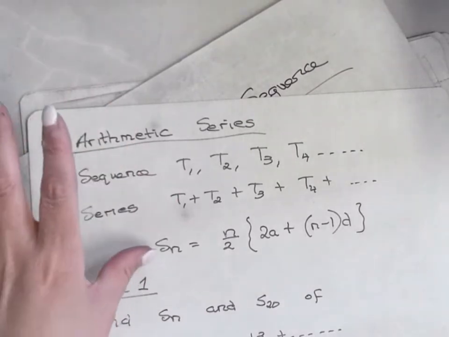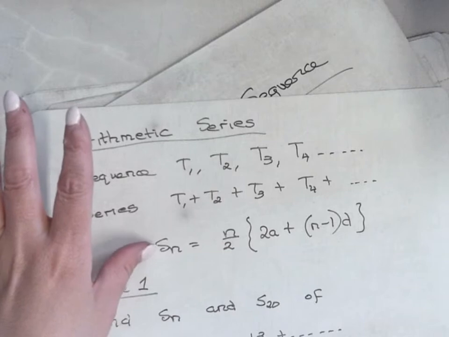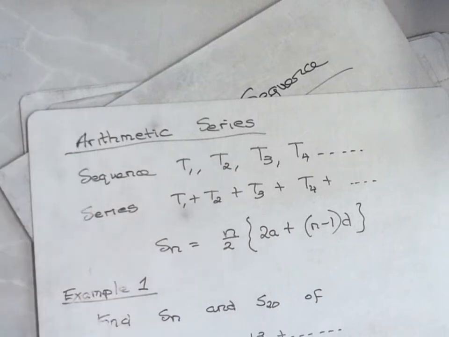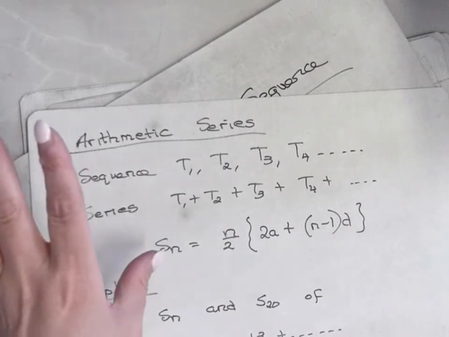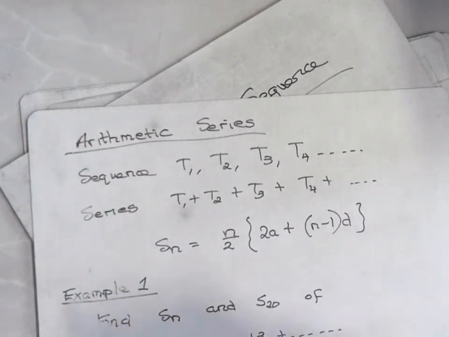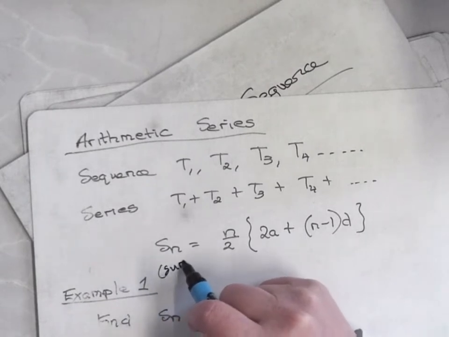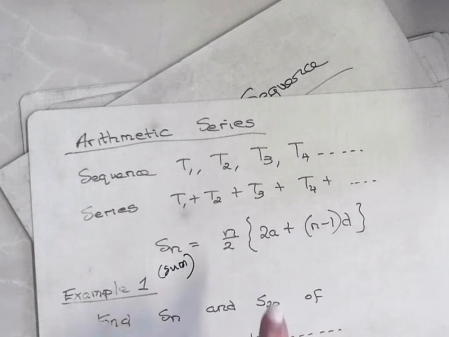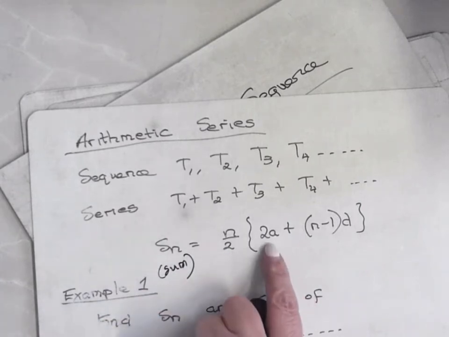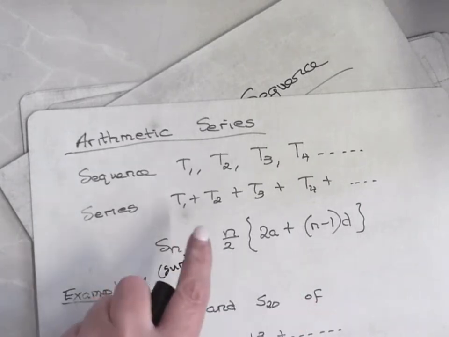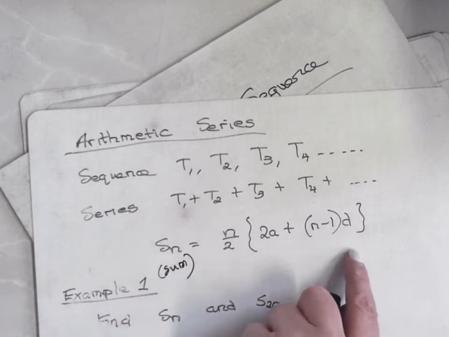So basically we're just going to add all the terms up as far as that point. And we can get a general form for the sum. We had Tn before, where T stands for term. S stands for sum, so basically the sum of the first n terms. The sum of the first n terms is n over 2 times 2a, and A is still the first term, and d is still the common difference.